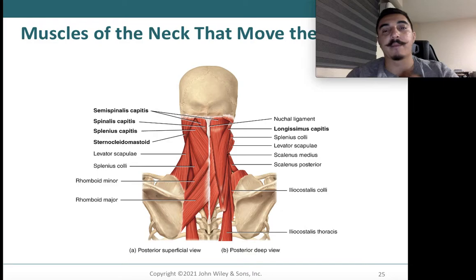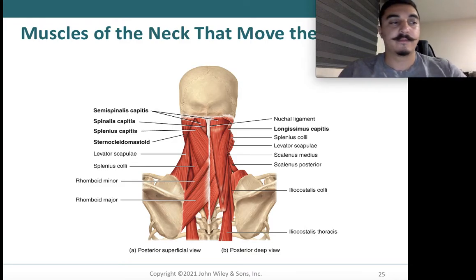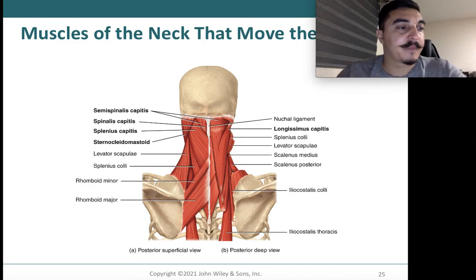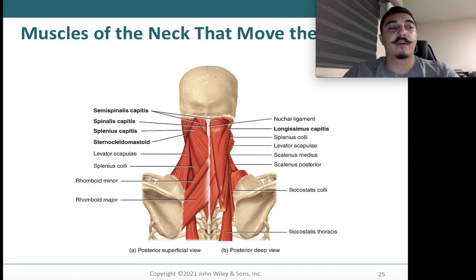So for example, sternocleidomastoid is going to help us elevate our sternum to inhale forcefully. See that muscle? It's working there. It's raising our sternum, our chest, and everything to help us inhale forcefully. The semispinalis capitis is going to help extend our head.